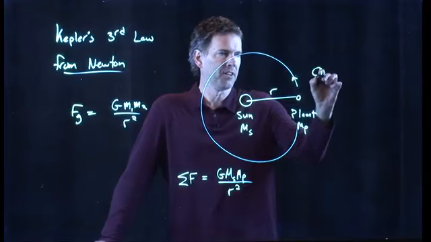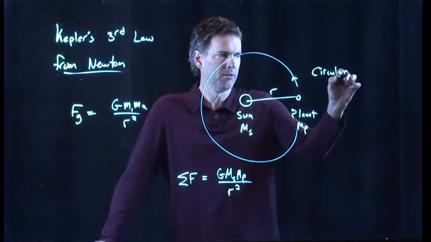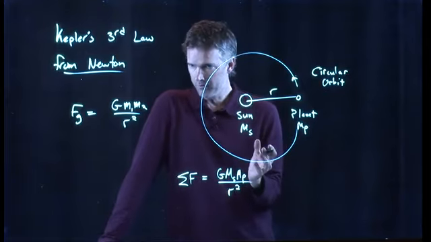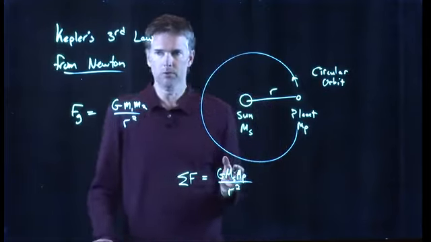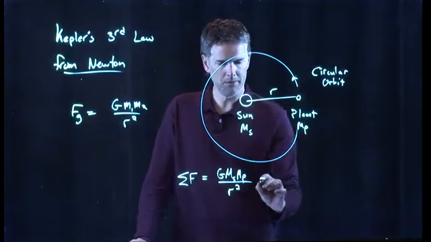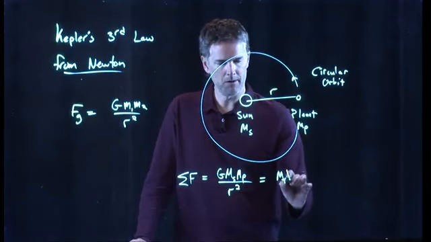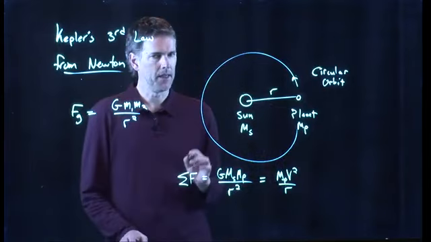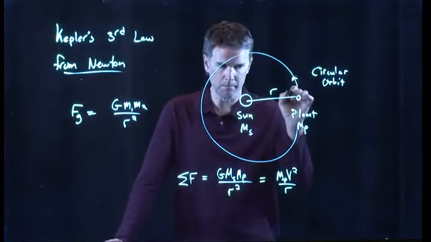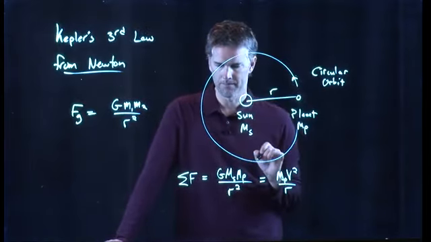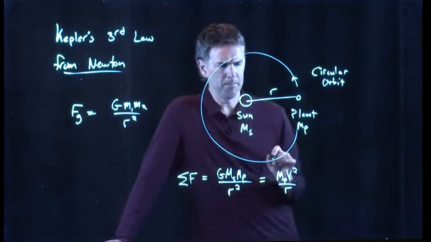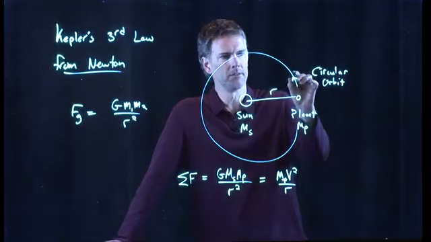But we know if this thing is moving in a circle, those forces don't add up to 0. They add up to something else. What do they add up to? m v squared over r. And the m in this case is the mass of the planet. All right, that looks pretty good, but we don't know exactly what v is.